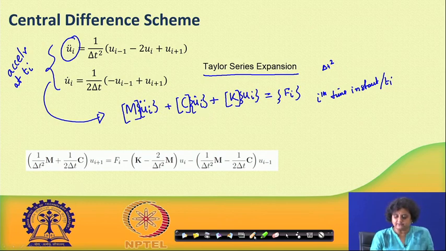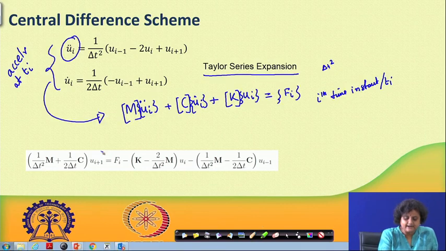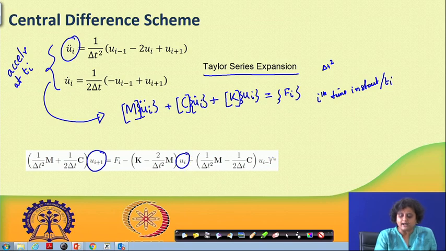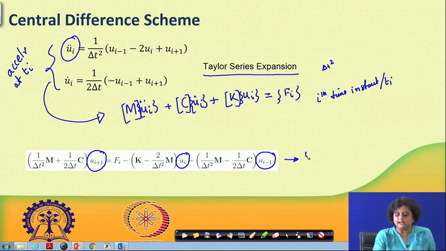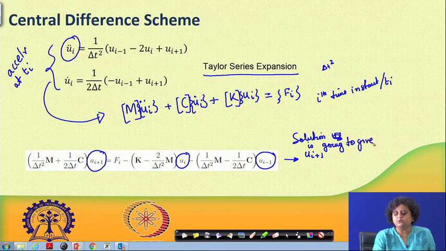If I do this, then I can write u i plus 1 in terms of the preceding values u i and u i minus 1. So, assuming that u i and u i minus 1 are known, I can solve for u i plus 1.